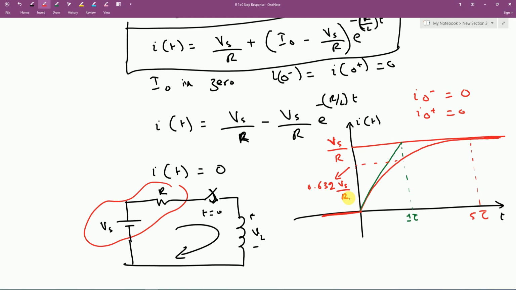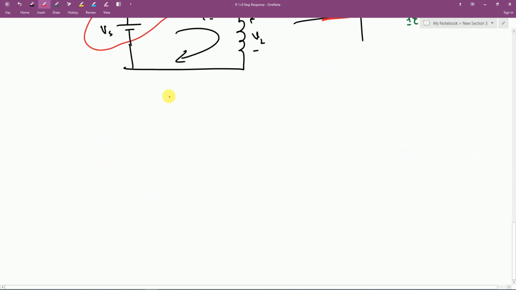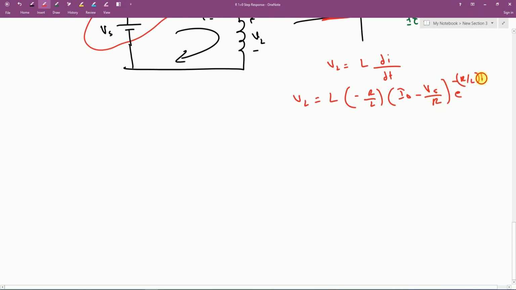Regarding the voltage across the inductance, we now know the value of i(t). So the voltage across the inductance, VL, is equal to L di/dt, and therefore VL is equal to L times (-R/L)(I0 - Vs/R) e^(-R/L t).